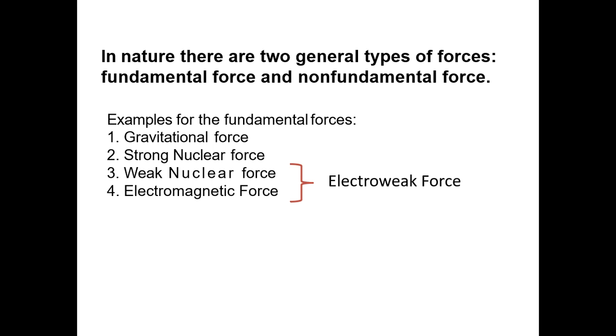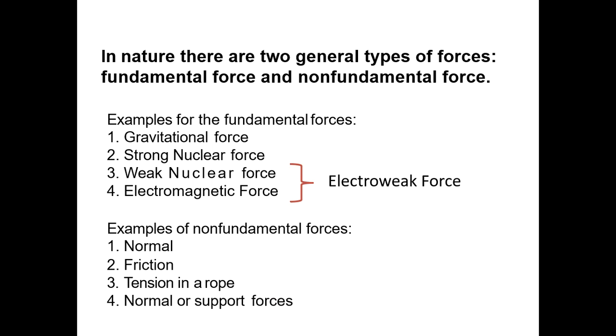Occasionally you'll hear something about grand unification, where we want to try to repeat this, where we've already united the electric and magnetic forces and the weak nuclear force, and we'd like to include the strong nuclear force and the gravitational force, but that's for later.